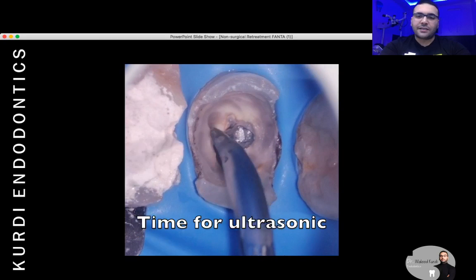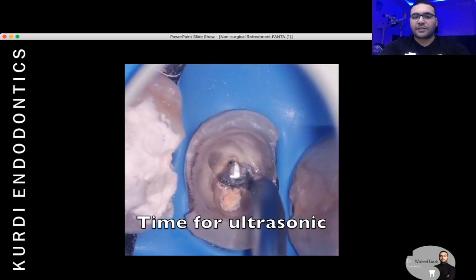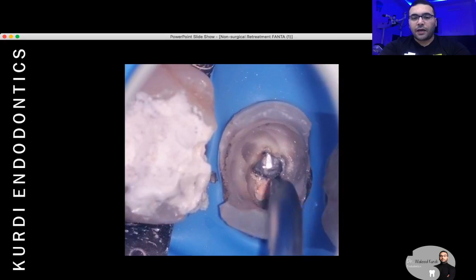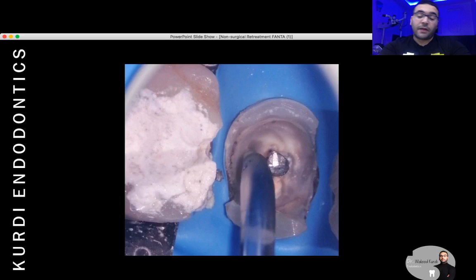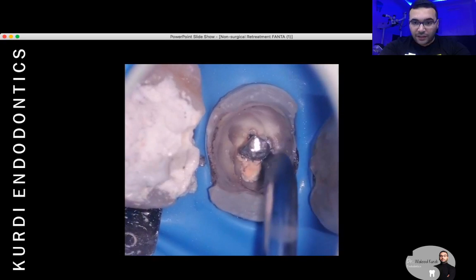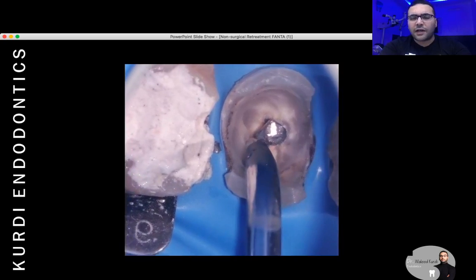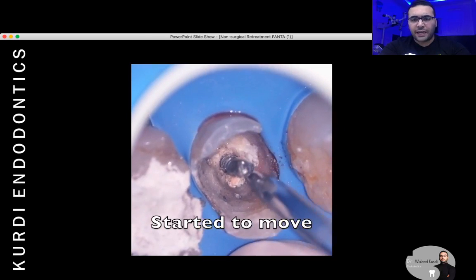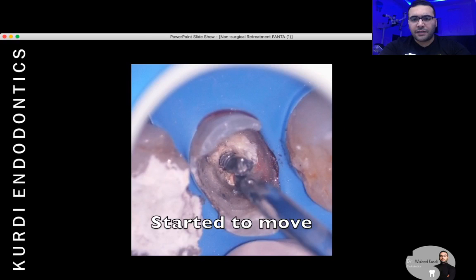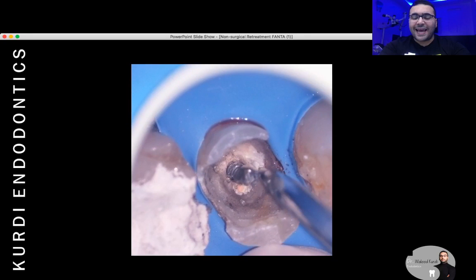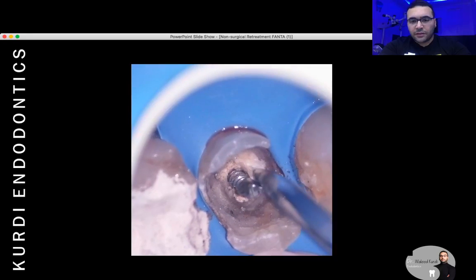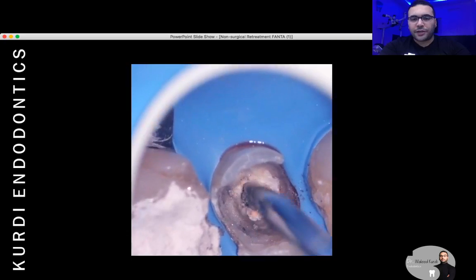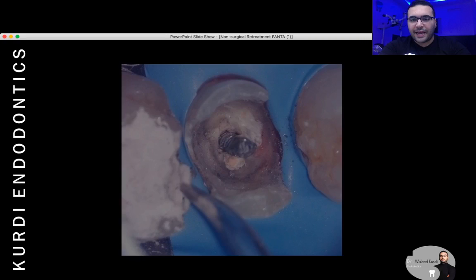Oh my god, I can see here a rubber dam, I can see a high-speed contra-angle, I can see a metal post, I can see you playing with some kind of ultrasonic tips in a direction I don't know, and here I can see that the post is starting to dance, and there is some kind of orange gutta percha inside the canal.